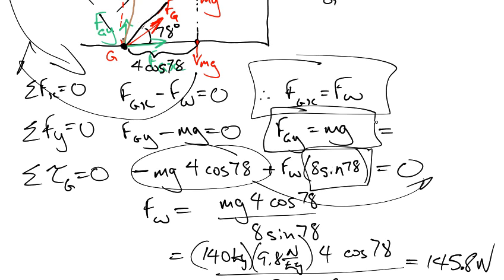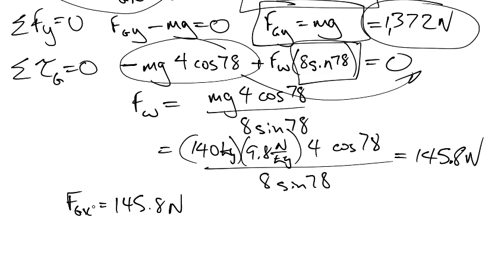And by the way, let's just calculate that mathematically. 140, enter 9.8 times, which is 1,372 newtons. So that's FGY, and we know FGX.